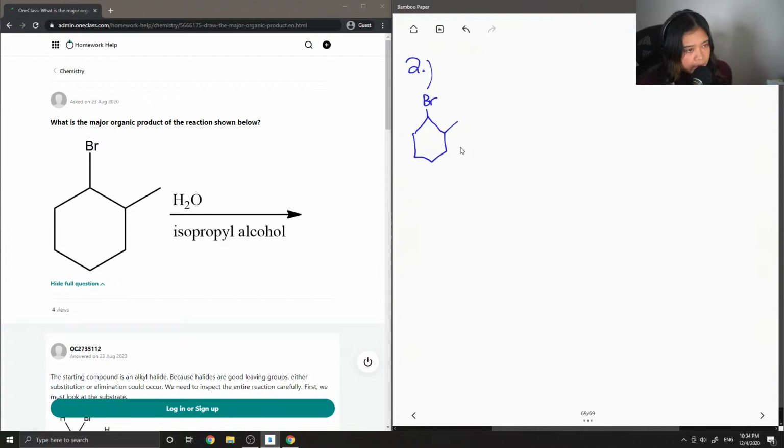Okay, so 2 different reactions can take place. You can have an SN1 product.